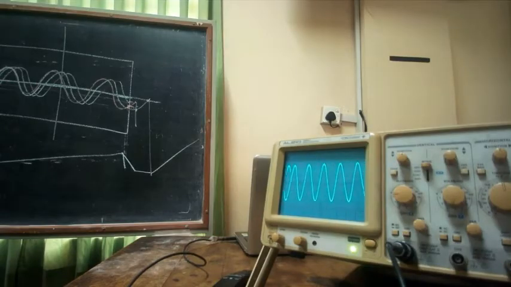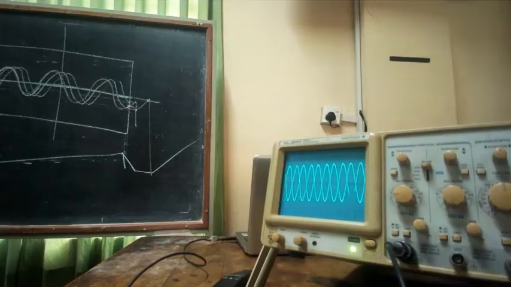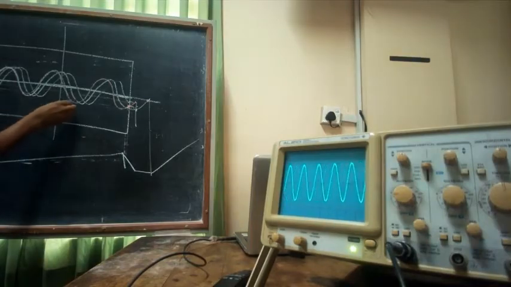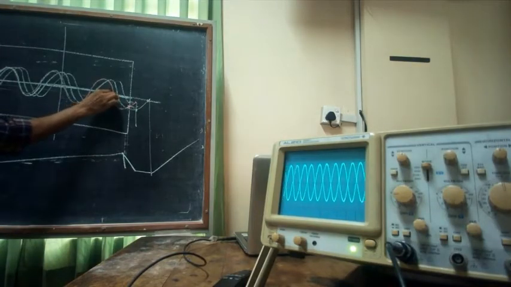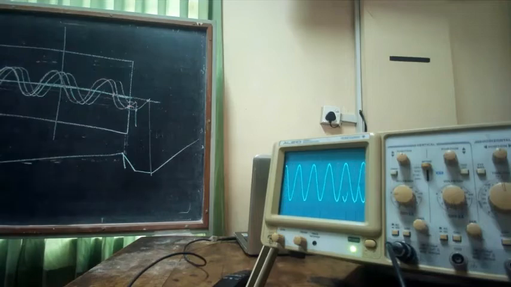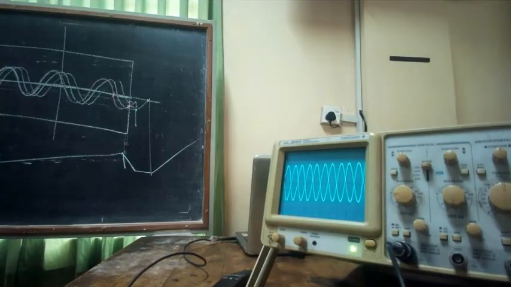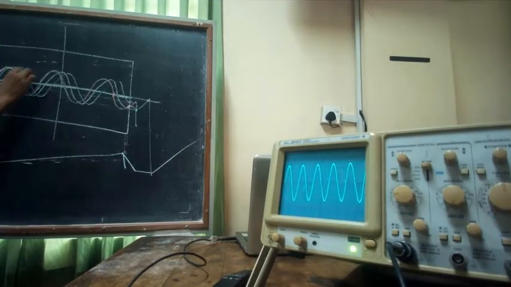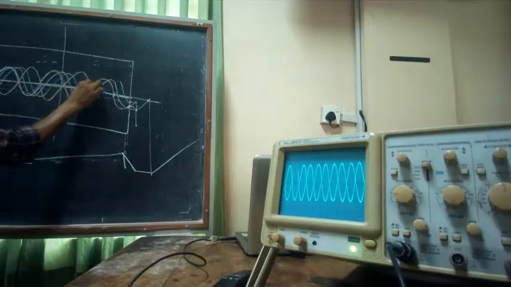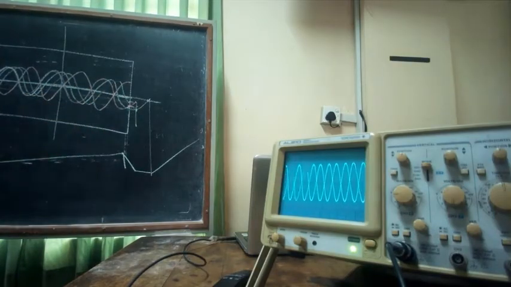Now one problem though is, what will happen if I am right at this point? Then my position is still there. Now I have reached my target voltage, then I will start drawing. This is what I would see.